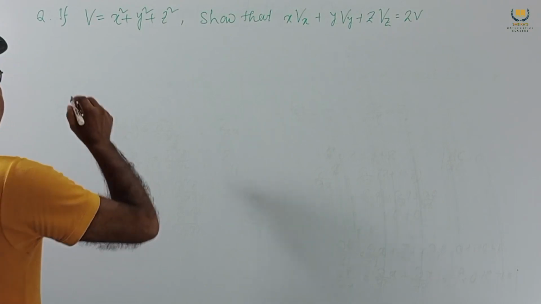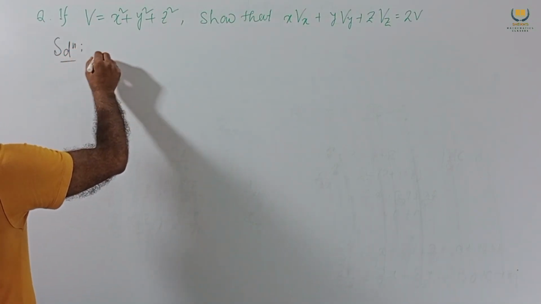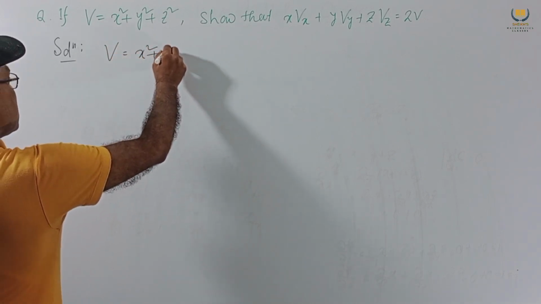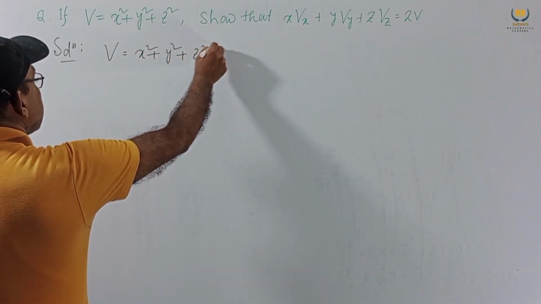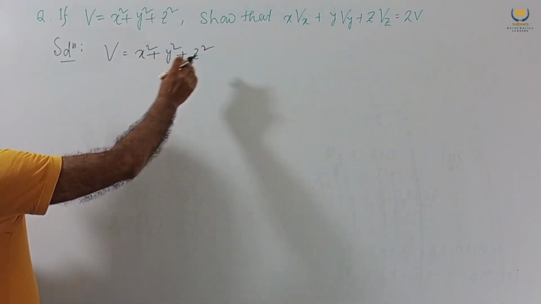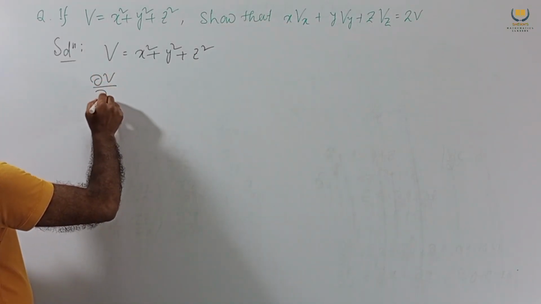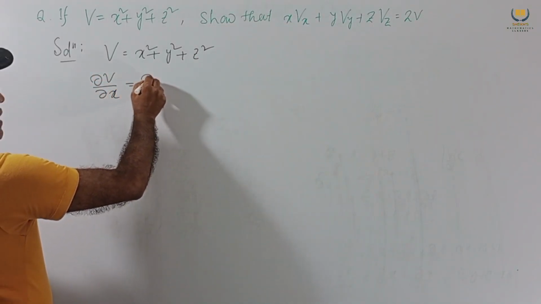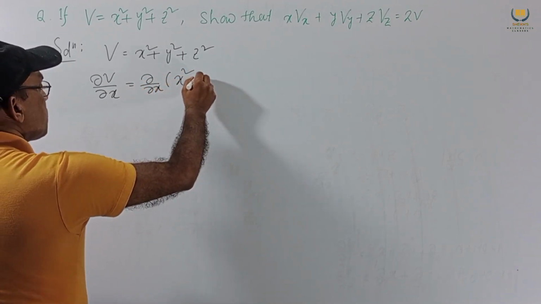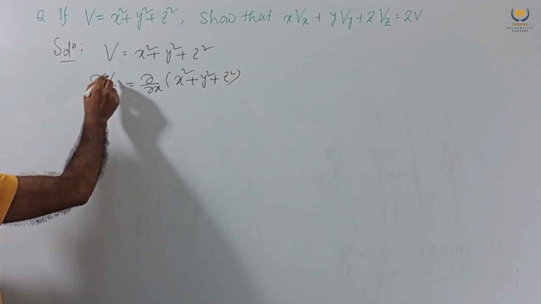So the solution is that I am rewriting this, v equal to given x square plus y square plus z square.